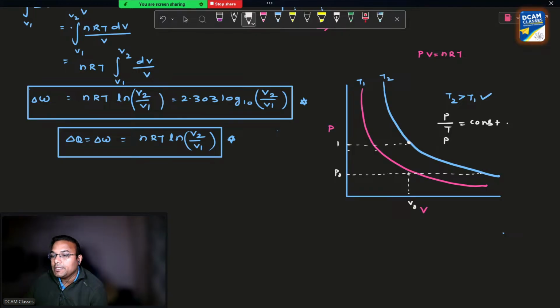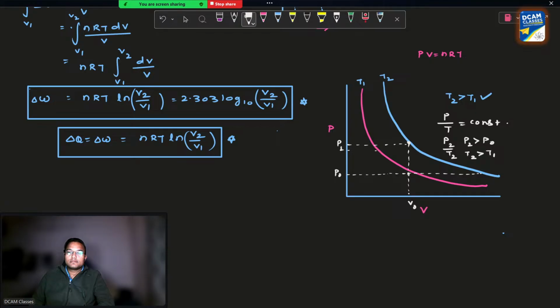So this is P2 at the same volume. Since P2 is higher than P naught, P2 should be higher than P1. Got it? Understood?